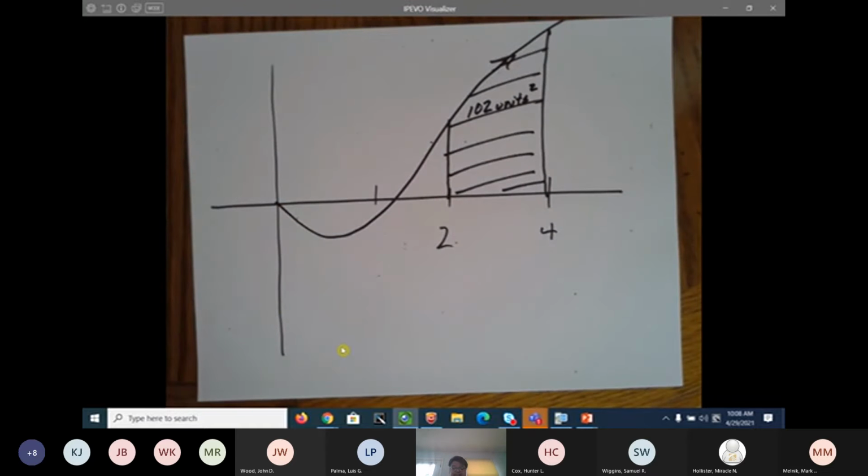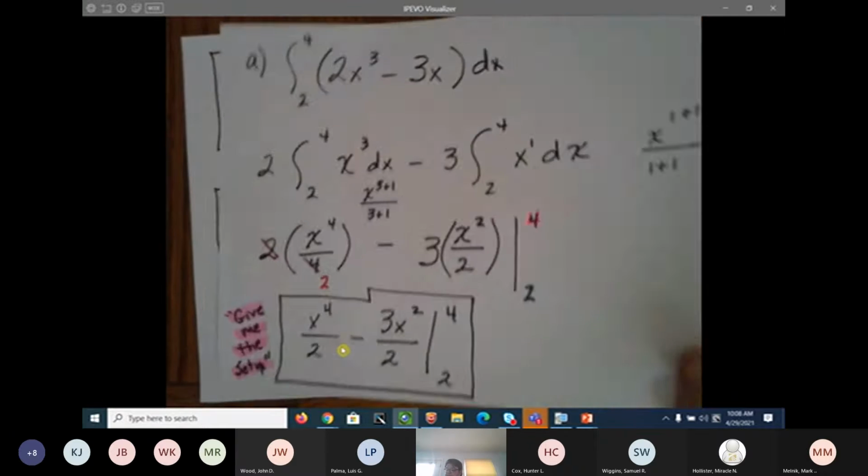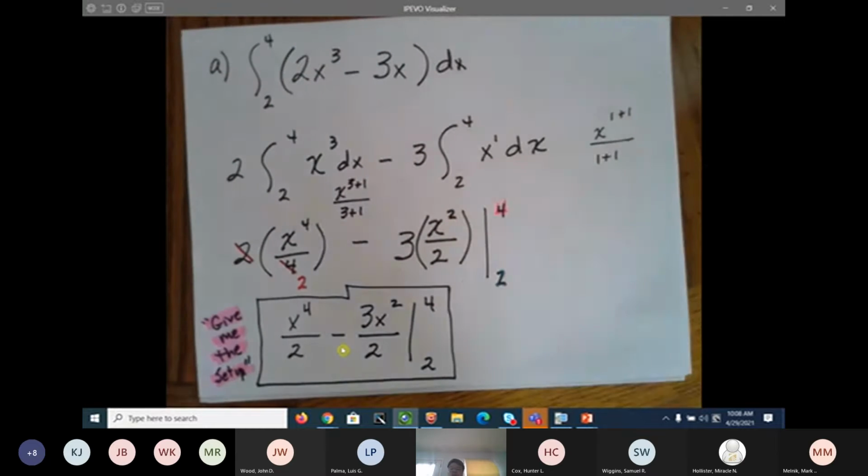Cool. There is the basic math, and there is the setup. That's a good test question.